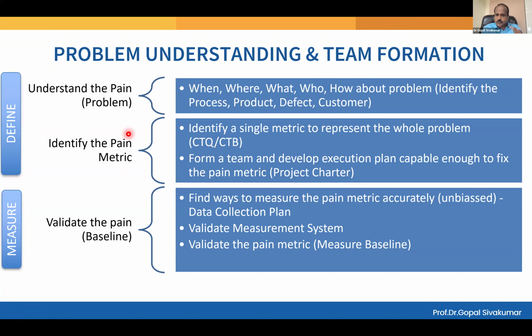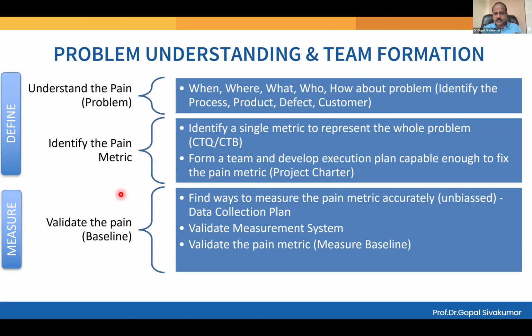And over and above, the scope must be defined properly in the define phase itself. Don't try to do everything in one project. You can always draw boundaries and try to work within the boundaries so that you will have better control over your project, and then you can deliver results. But definitely your results are not valid if something wrong happens beyond the boundary of your project. So you can always declare those things in a safer manner.